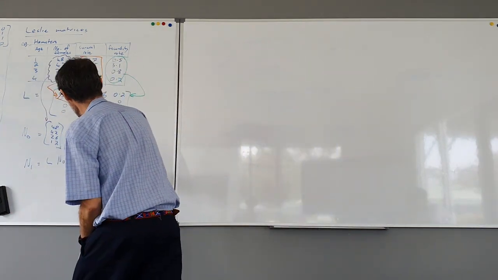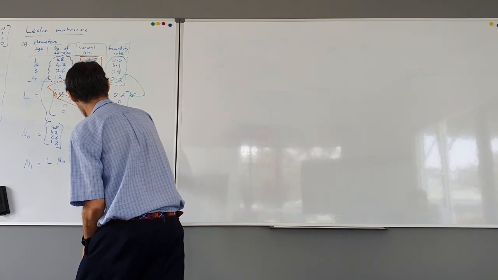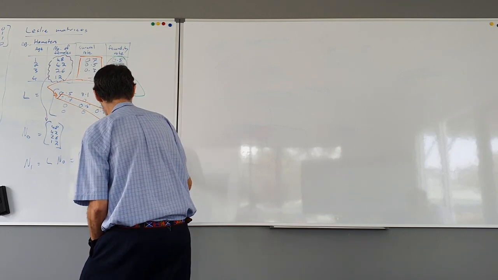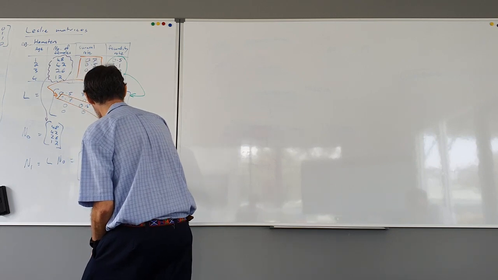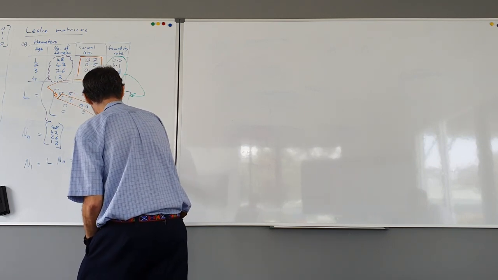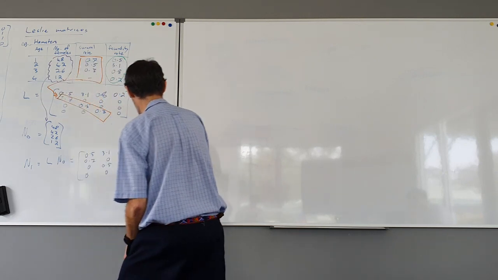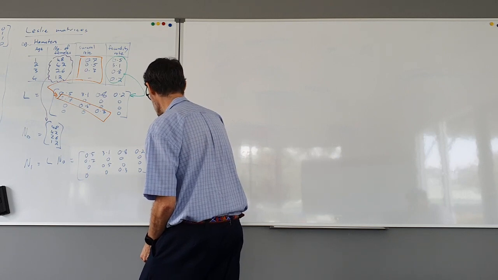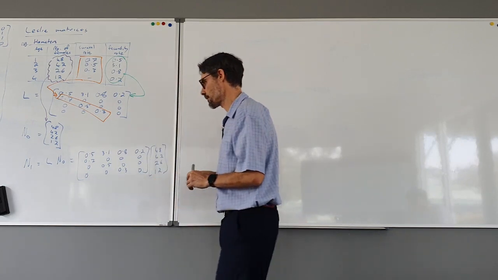Let me write it out for you. You don't have to write it out each time, but I want to show you the first time exactly what's going on. 0.5, 0.7, 0.5, 0.3, times (48, 42, 26, 12).